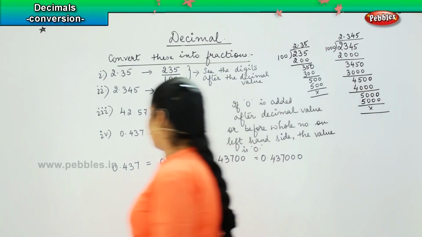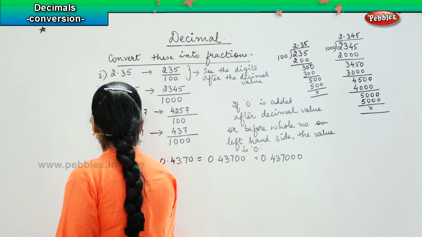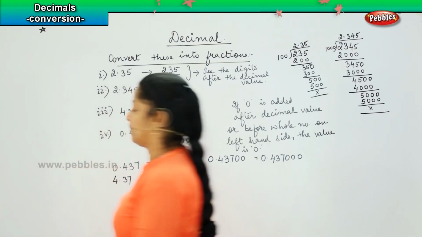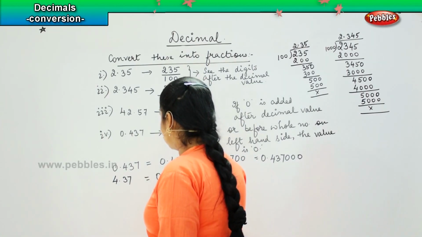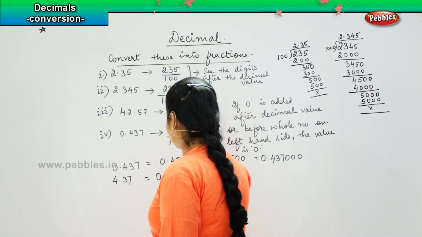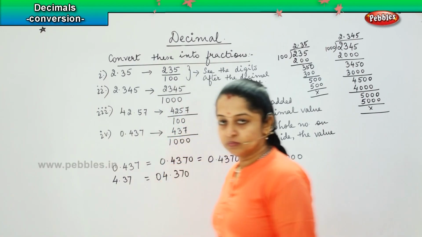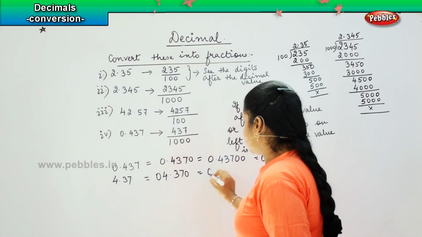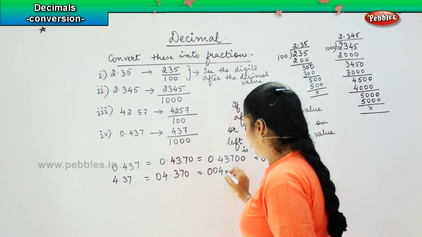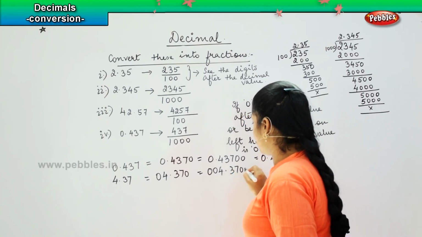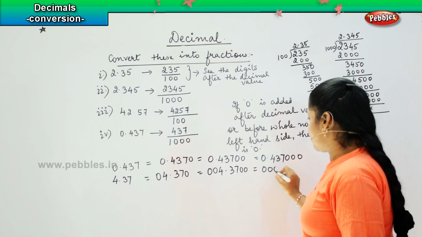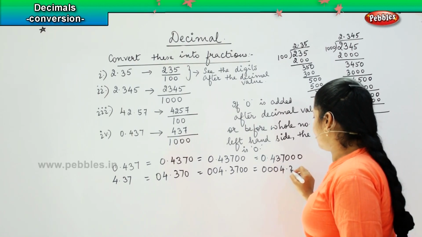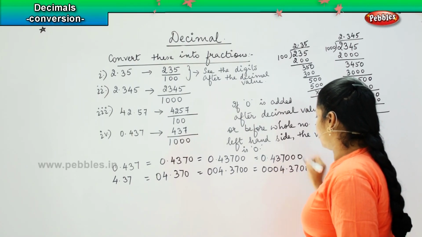Okay. Similarly, if I write 4.37, okay. Now the same thing if I write 04.370 or 004.3700 or 0004.37000.